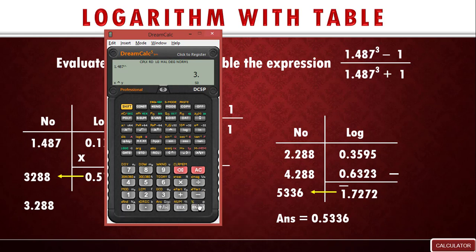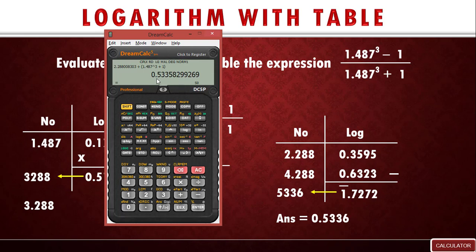Then let's press minus 1 equals to, then let's press divided by, and let's put the denominator in the bracket, open bracket, 1.487 raised to power 3, then we say plus 1, and let's close the bracket, and let's press equals to or enter.